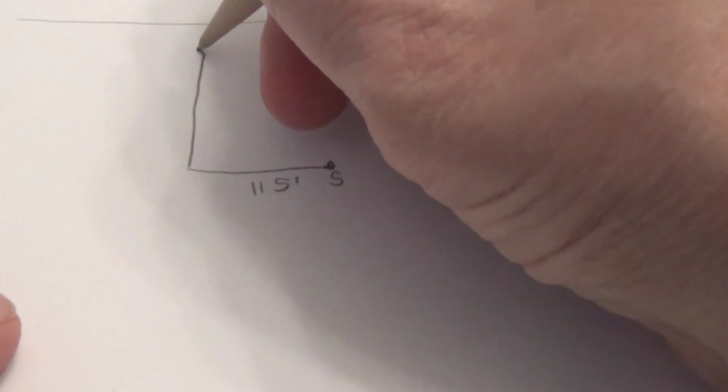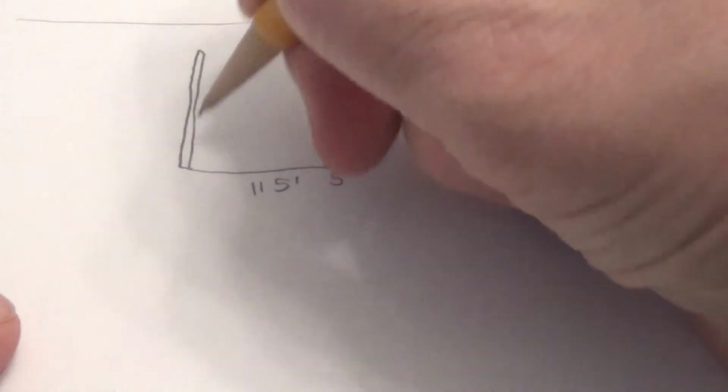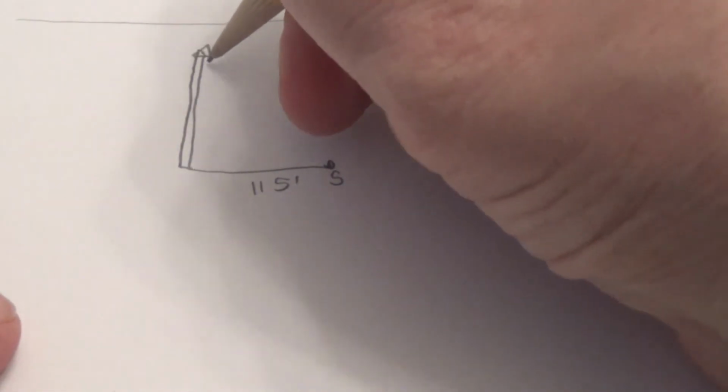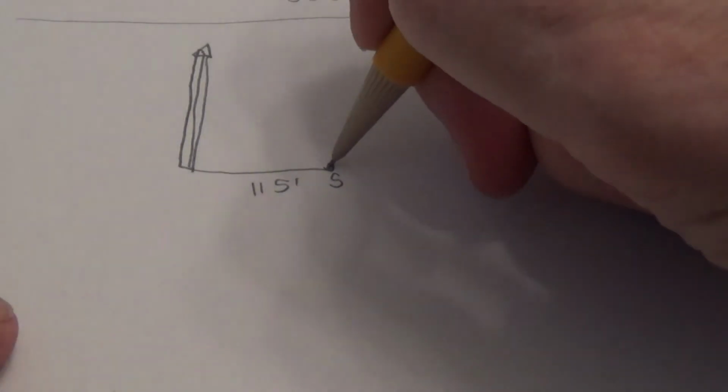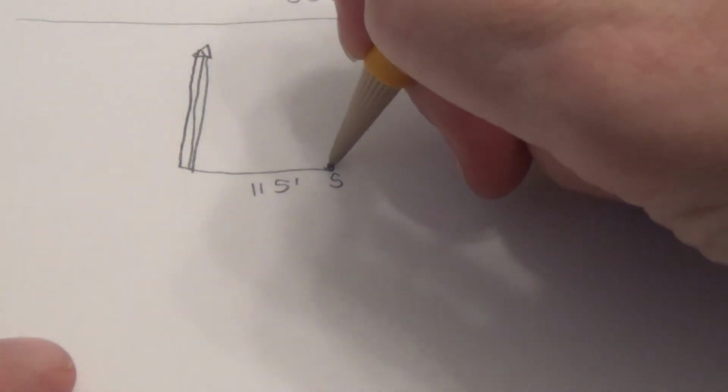So, the base of the Washington Monument, and the measure of the angle of elevation from the ground to the top of the monument.